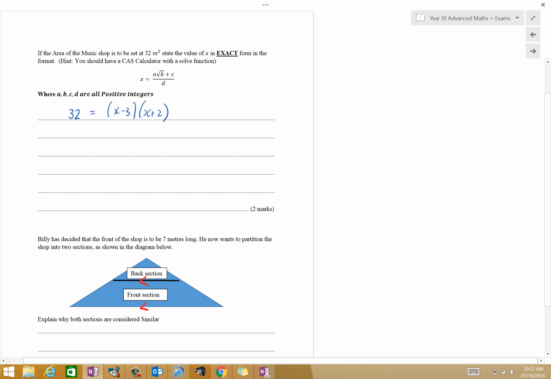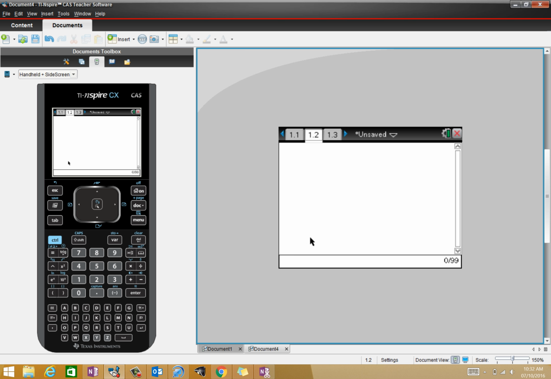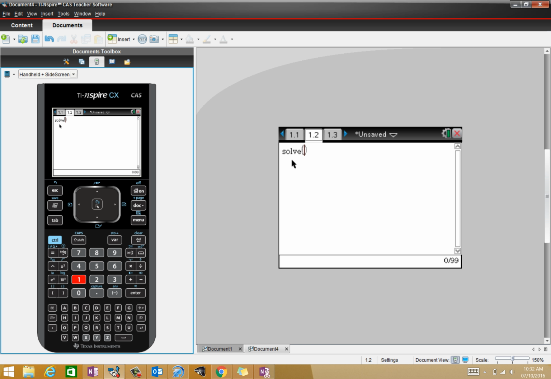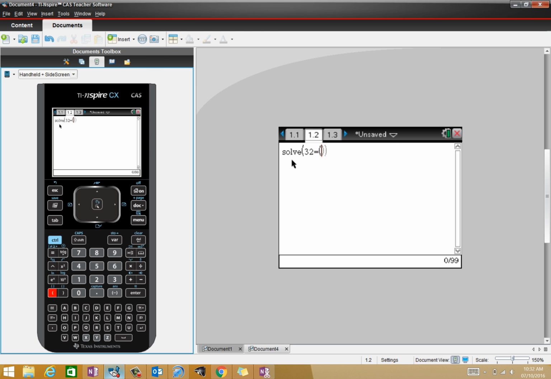Now you could go ahead and work it out. Now it says here we want to state the value of x in exact form, in the form of this. So if I go to my calculator and I go to menu 3.1 and I go solve for that, 32 equals x minus 3, x plus 2, and be careful, comma x, if your calculator's in the right mode, there you go.